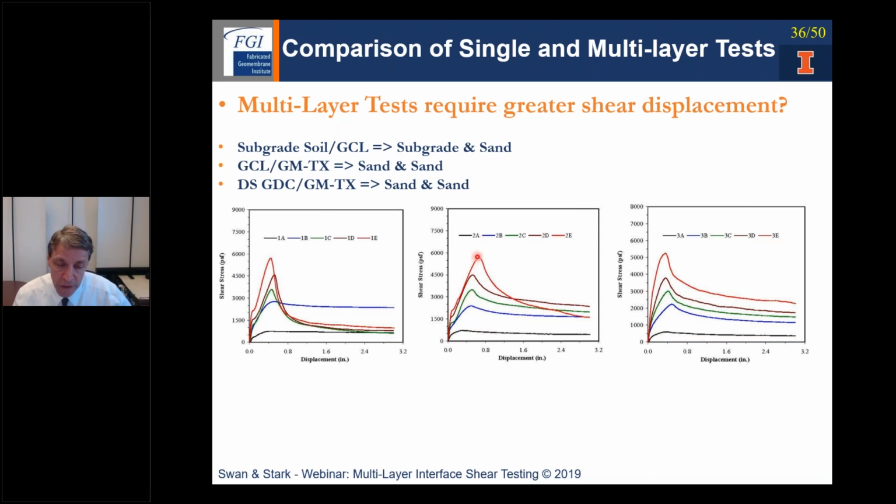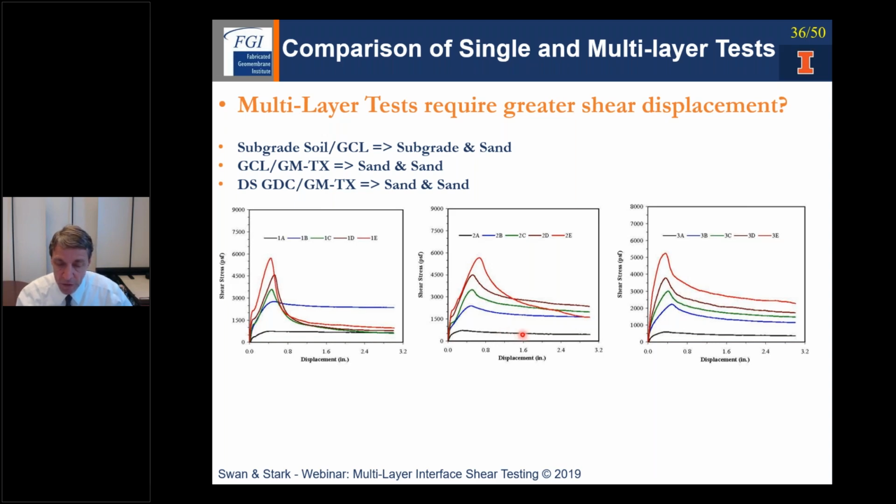So I'm going to go into each one of these curves and take the peak displacement, or the displacement to mobilize the peak shear stress. So this one, this one, this one, this one, and this one. And then I'm also going to take the displacement at which a fairly constant large displacement strength is mobilized.